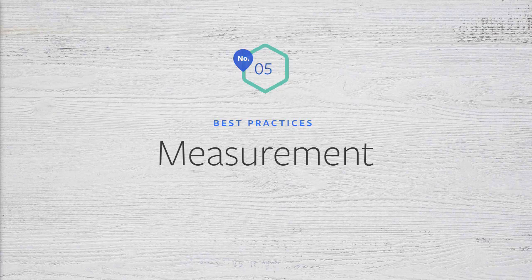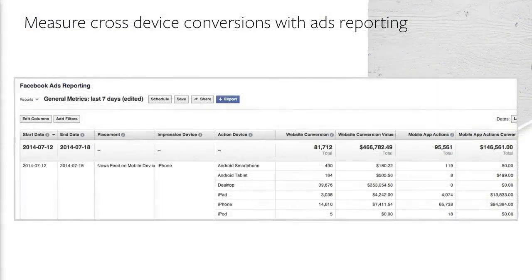The last part of our best practices is talking about measuring the success of your dynamic ads. Once your campaigns are up and running, you can view the conversion reports in your ads manager in order to see how many people are moving between devices in your ads reporting. Here, you'll be able to see when people are seeing your ads and where people are ultimately converting.